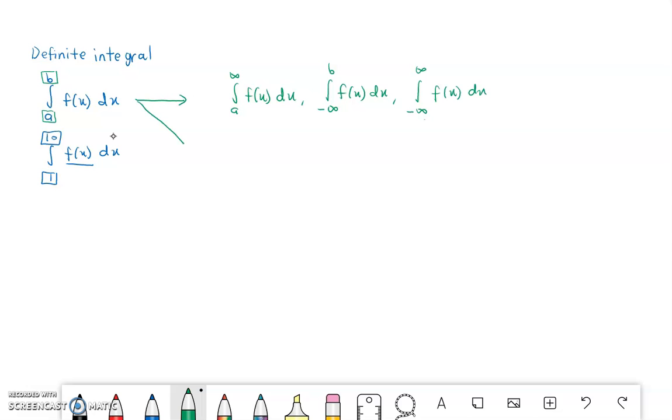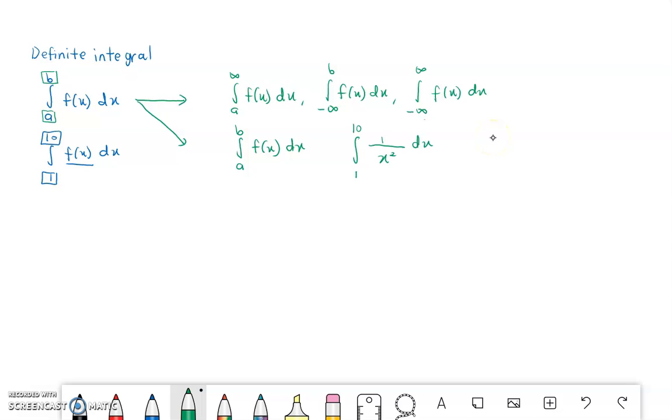Or there is another case where the function f(x) is discontinuous at a certain point between the interval a to b. For example, the function 1 over x squared dx from the interval 1 up to 10.